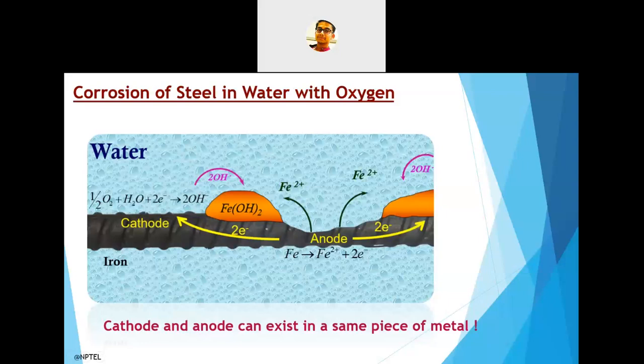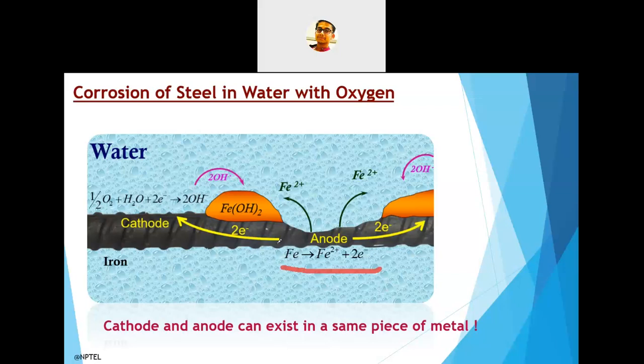You can see a cross section loss in the anodic part, and from this anodic part, the iron diffuses into Fe2+ and 2 electrons.